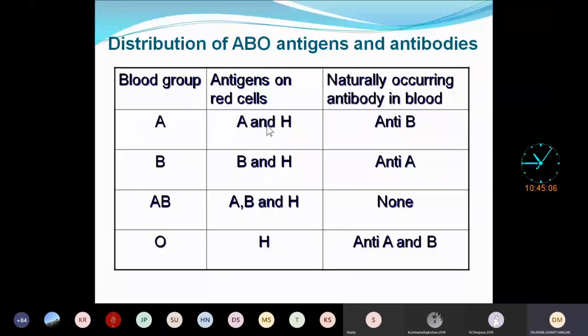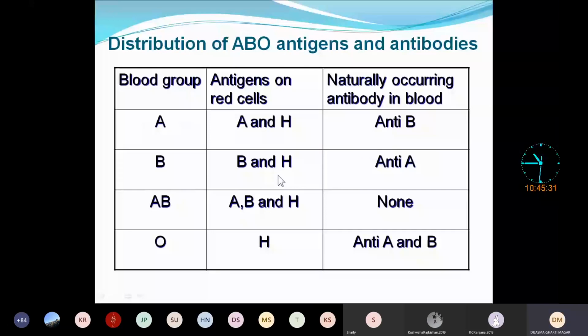The H antigen is the one which gives rise to the A antigen and the B antigen. That's why the H antigen will be there in every human being, except in the Bombay blood group, which is very rare. So the antigens on the red cells will be the A and the H. Understood here? In case of the B blood group, there will be the B and the H antigen.